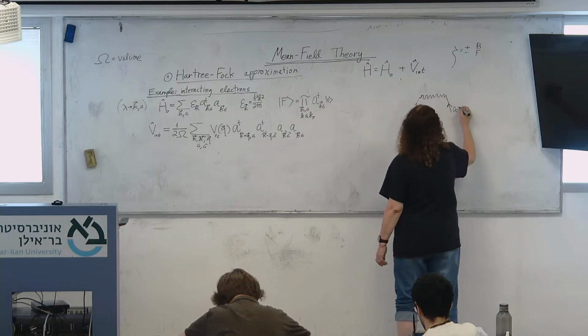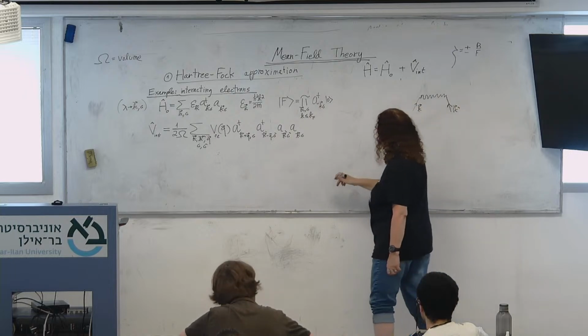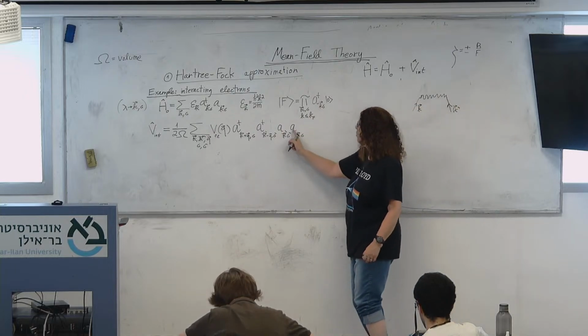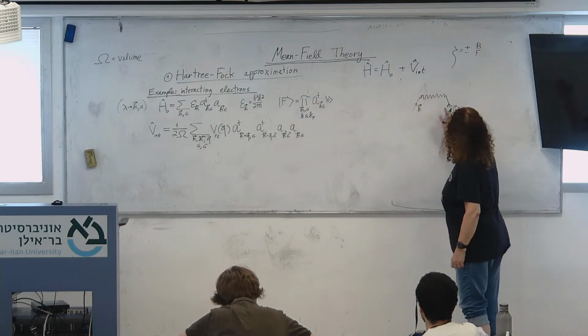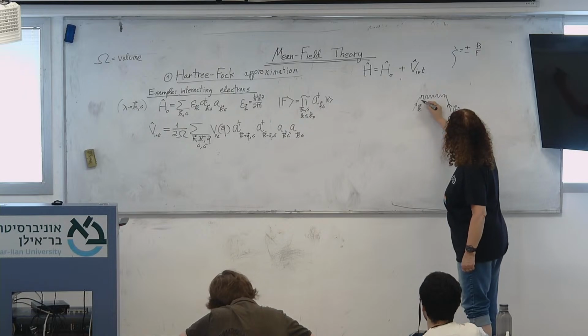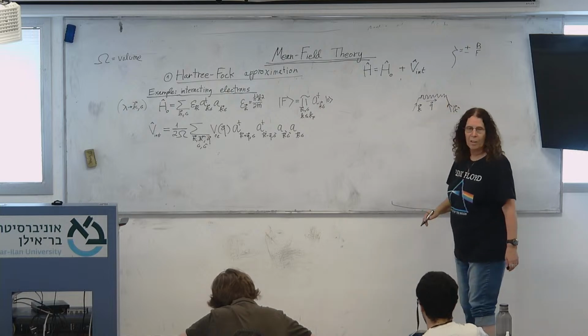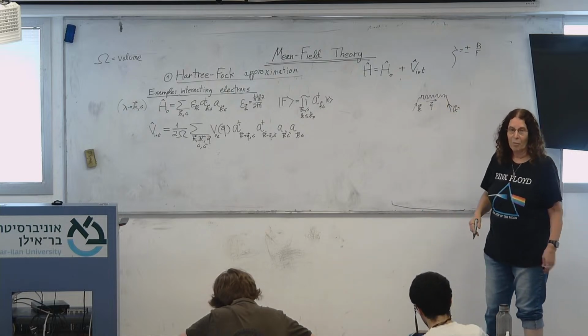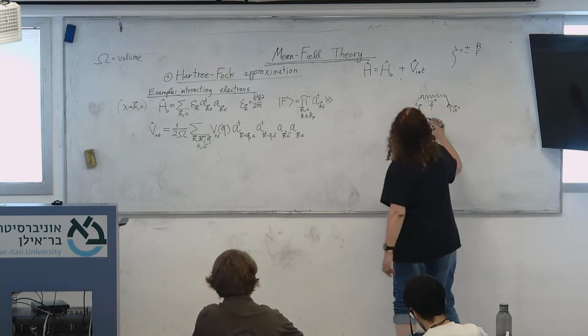I have 2 incoming particles, if you like, 2 incoming electrons that are destroyed. This is what the arrows describe. They are destroyed because one of them emits a photon. This is not something I prove to you, but I'm just telling you. This is what it does.